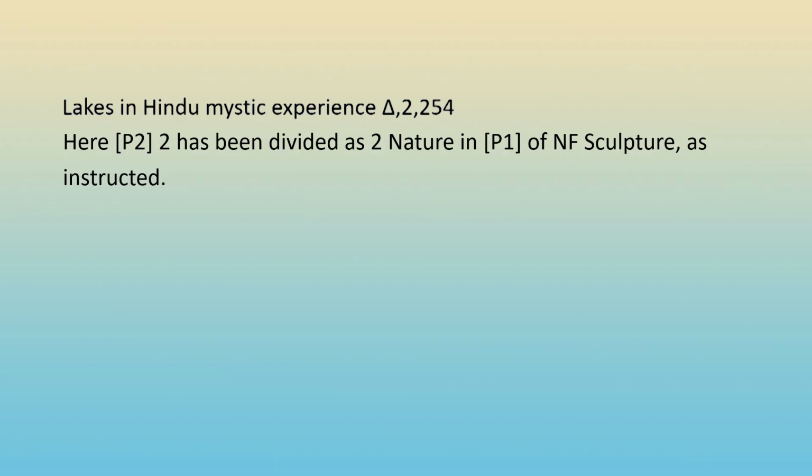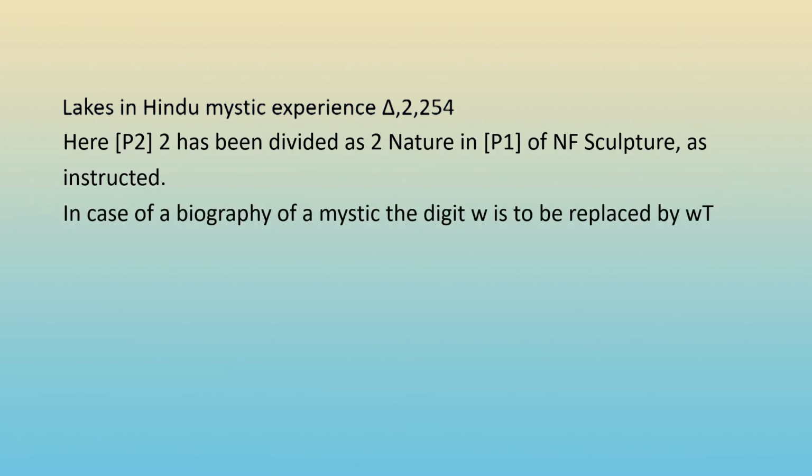So we get the notation for lakes in Hindu mystic experience: delta, comma 2 for Hindu and 254 for lake. In case of a biography of a mystic, the digit small w in anteriorizing common isolate is to be replaced by small w capital T.